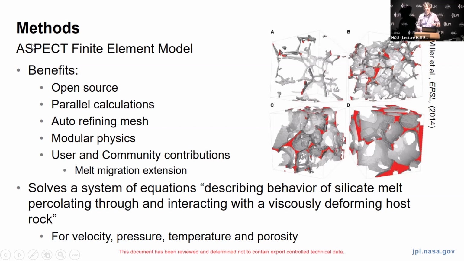So this is what 1% melt looks like in an actual rock, moving around these grains. And as you create more melt from the host rock, more and more melt fills in and surrounds these grains. So ASPECT is essentially approximating this and then doing it on a macroscopic scale.